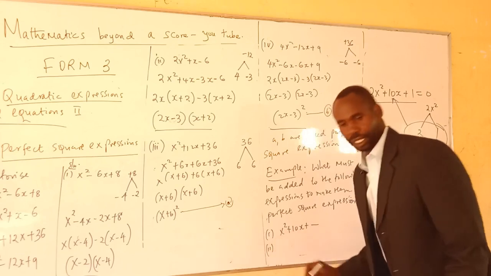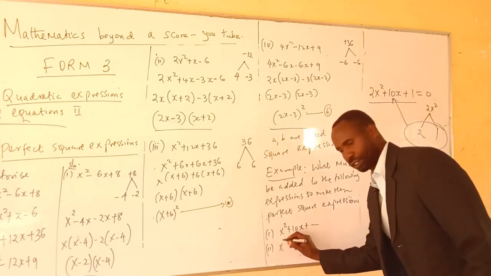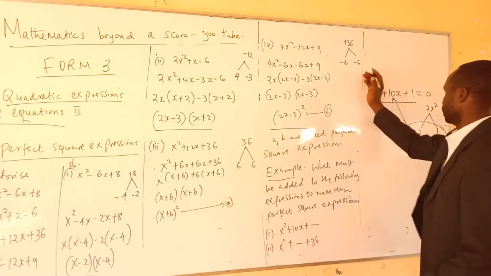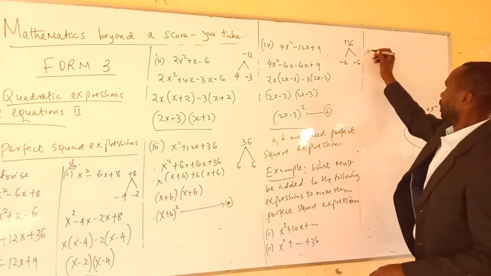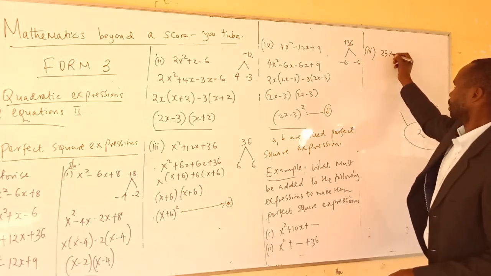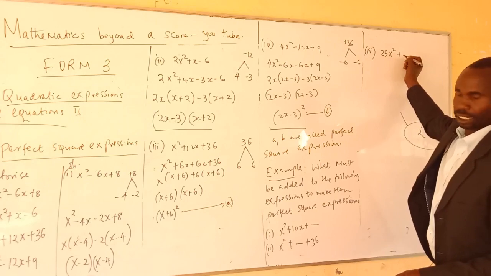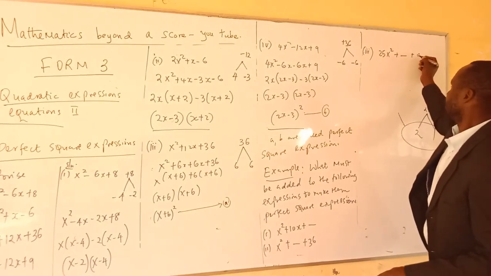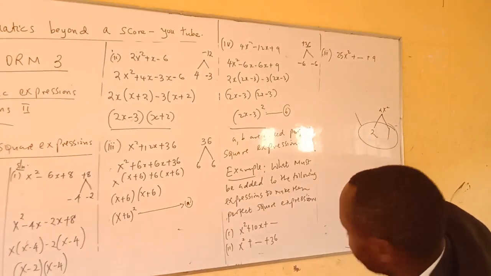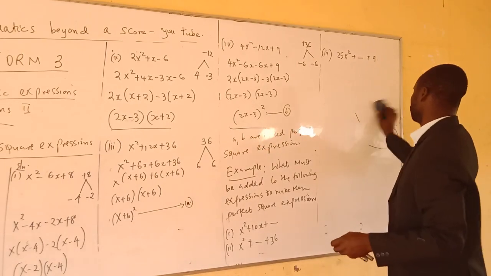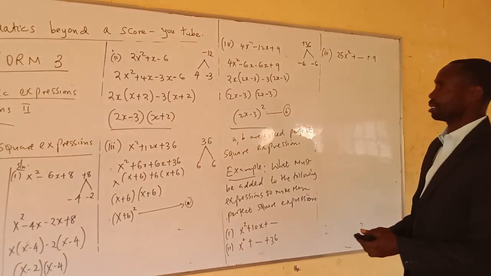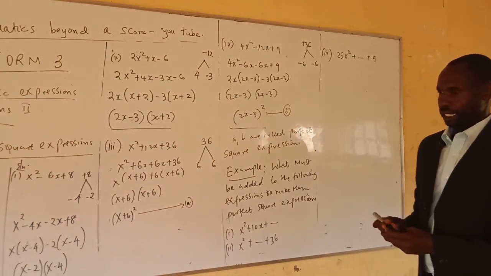Number 2 is x squared plus a dash plus 36. Number 3 is 25x squared plus a dash plus 9. The solutions are easy. I want to do them very fast, then go to the completing square method. I want to do 2 problems on the completing square method, and then I'll stop there until next time.